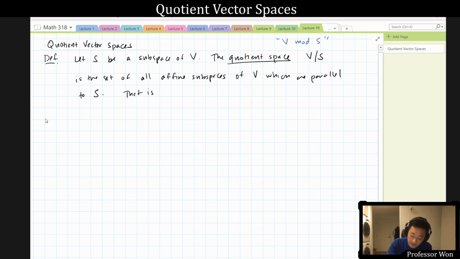So V mod S, its vectors look like a vector V plus all of S, where V is in V.